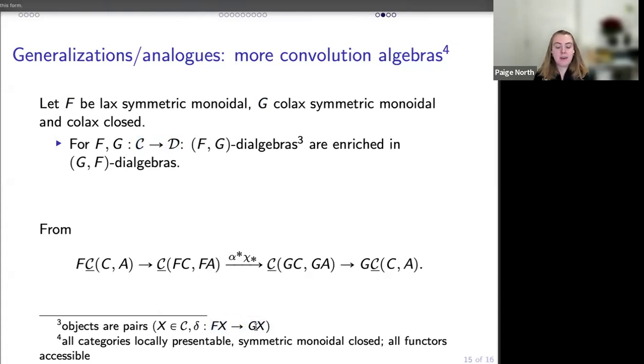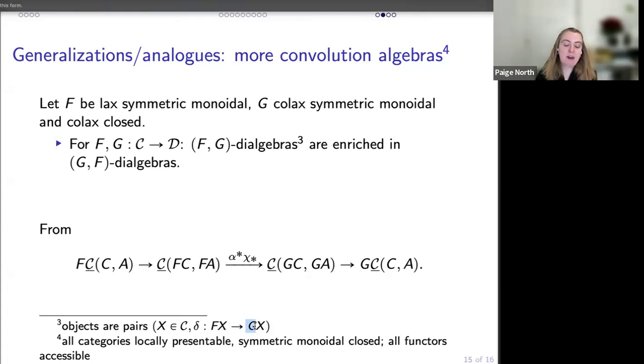If G is the identity and F is an endofunctor, then this is an algebra. If F is the identity and G is an endofunctor, then this is a coalgebra. So dialgebras generalize algebras and coalgebras. We use the identity for one of F or G.